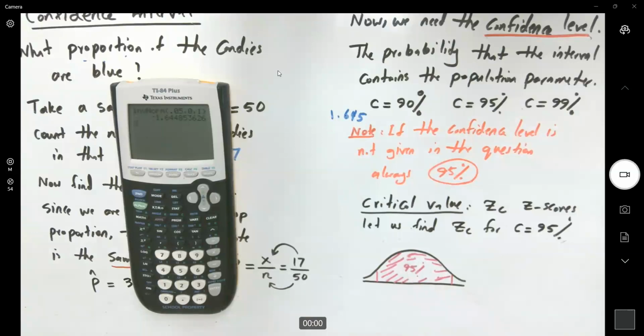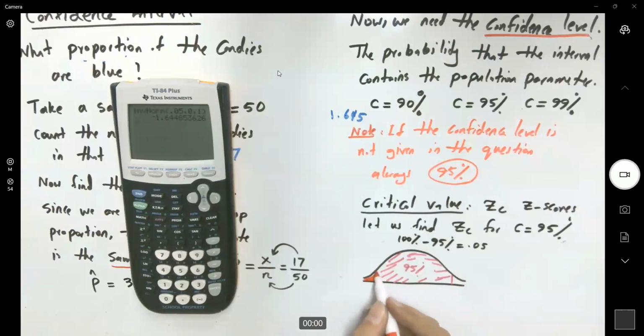Okay. So 100% minus 95% is just 5%. So 5% is divided in half. Half of the area is on the left. The other half is on the right. So take a look at this.